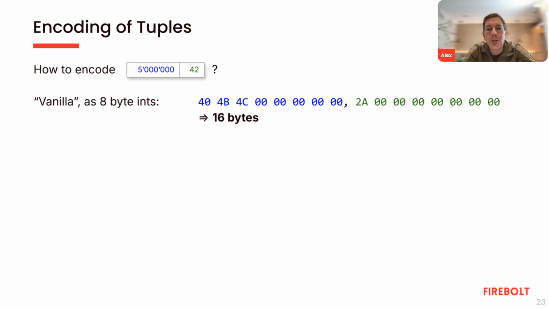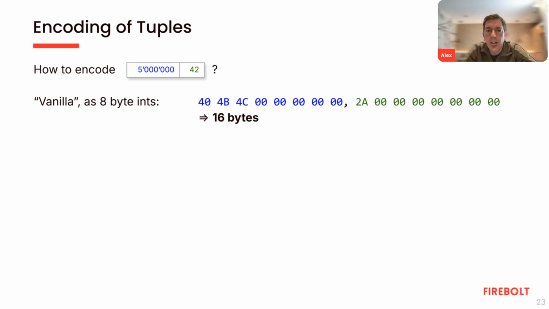So that's the little endian encoding. And essentially the blue bytes are just a hexadecimal representation of the number 5 million. It uses 8 bytes. And then the green values that you see are again 8 bytes in the hexadecimal representation that represent the value 42. So for these 2 numbers, we would then need 16 bytes.